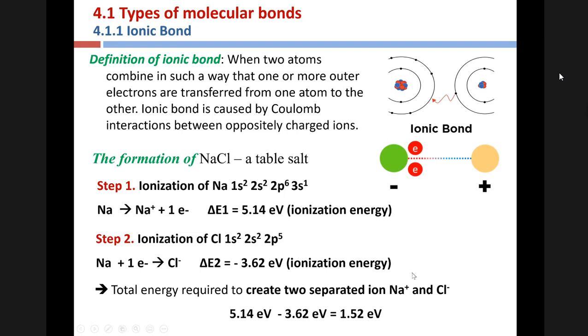At this point, you have two ions: the positive sodium ion and the negative chlorine ion. They are far away from each other, independent.